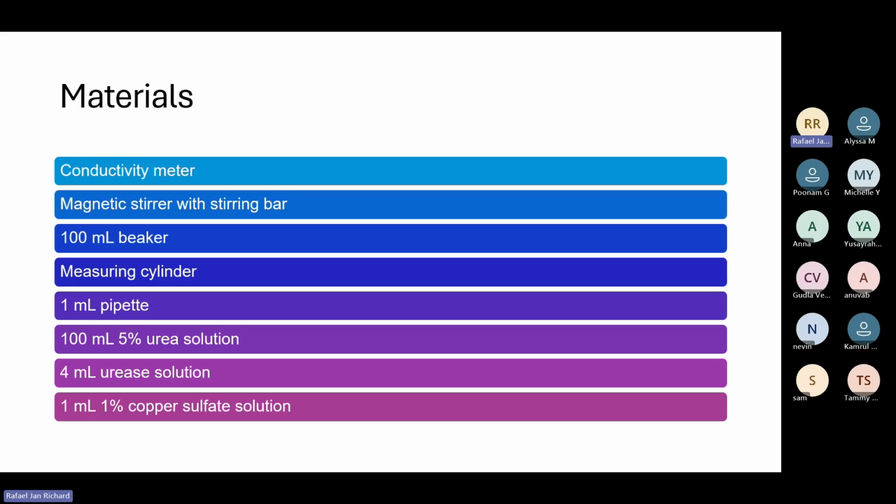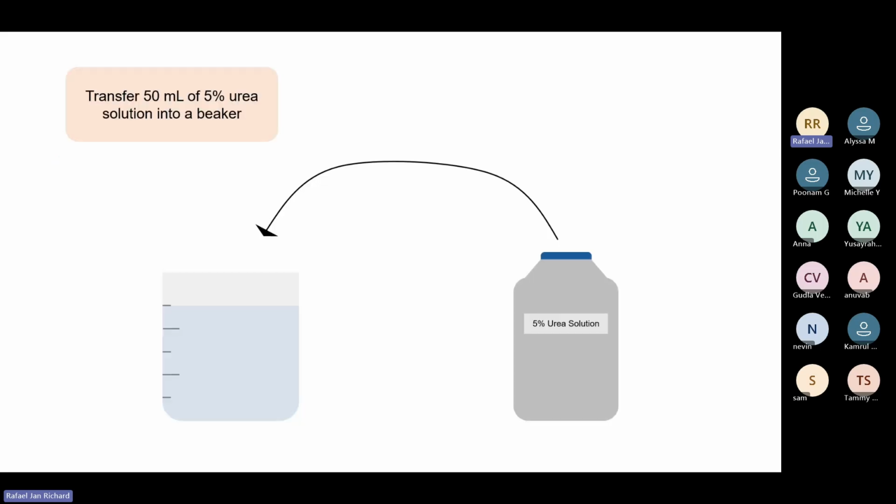Then a 100 milliliter beaker, a measuring cylinder, a pipette, and then you need urea solution, which is the reactant, and urease solution, which is the enzyme, and copper sulfate solution, which is an inhibitor. It is a competitive inhibitor, so it blocks the active site of the enzyme, and we'll see what happens then.